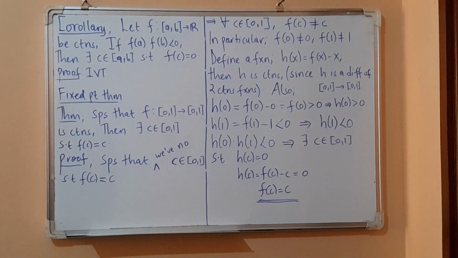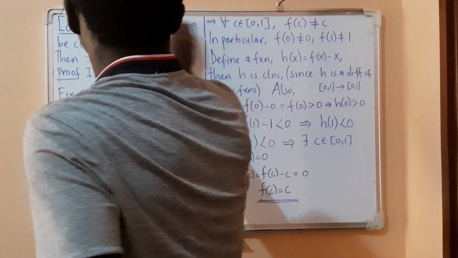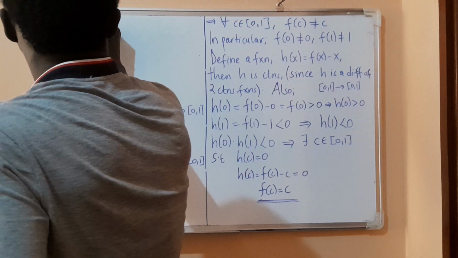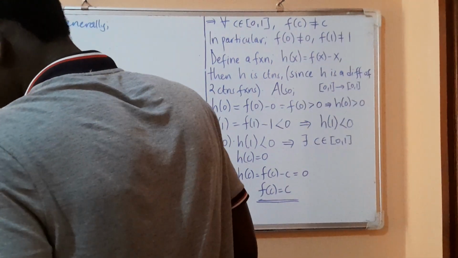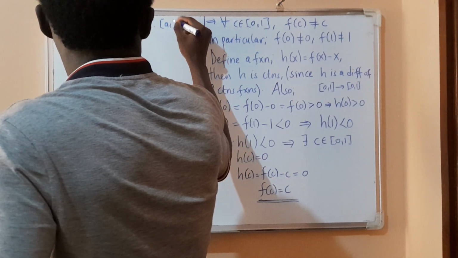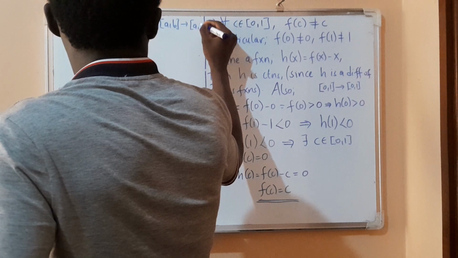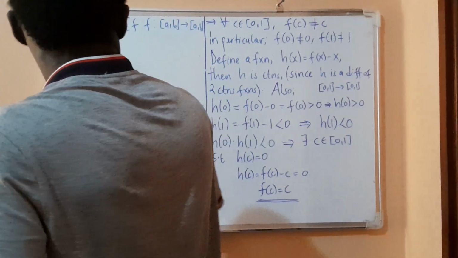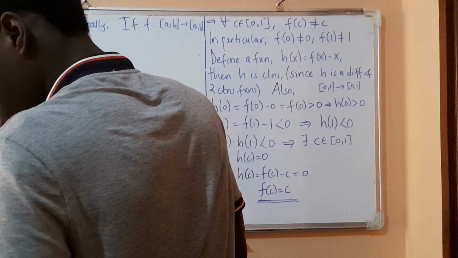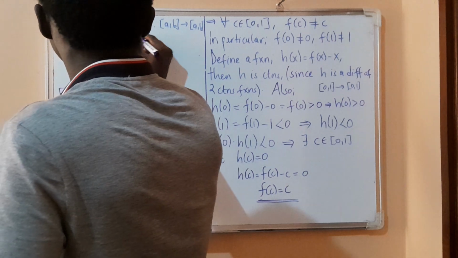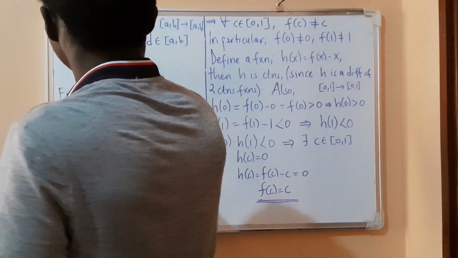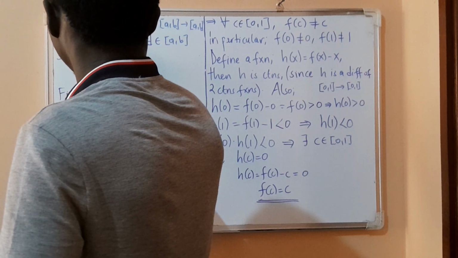So generally, what can we conclude? If f maps the interval [a, b] to the interval [a, b] and f is continuous, then there exists a d in the interval [a, b] such that f of d is equal to d.